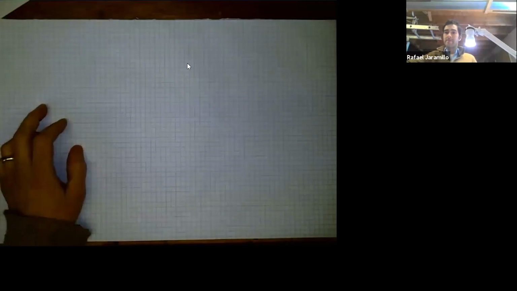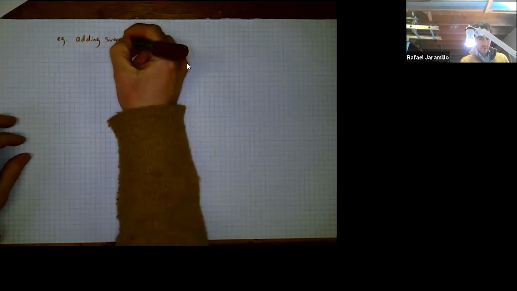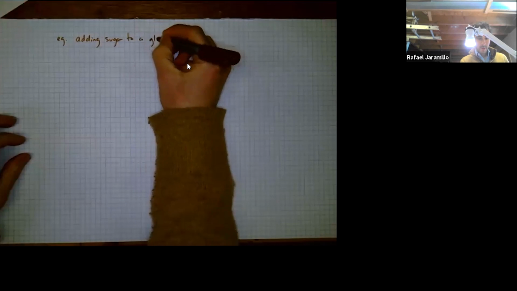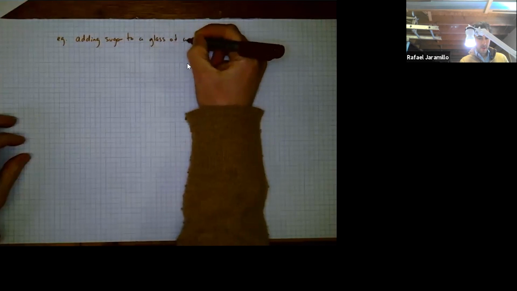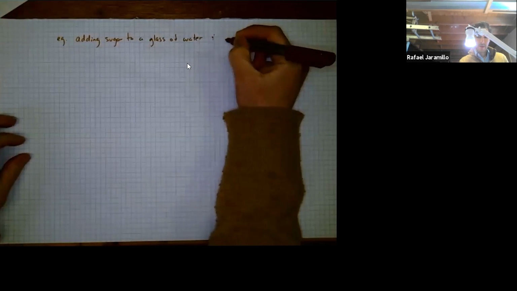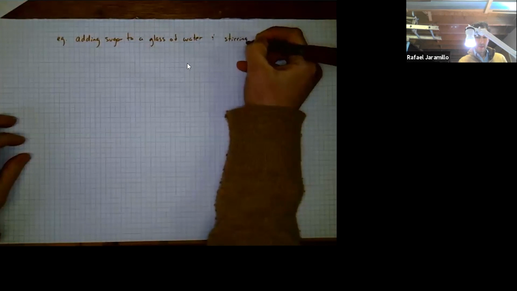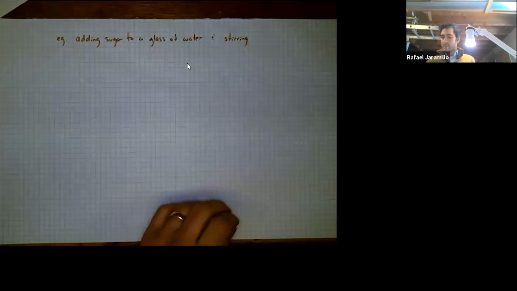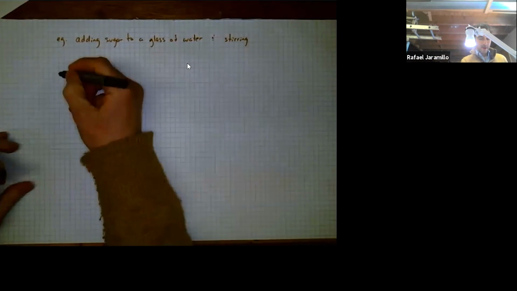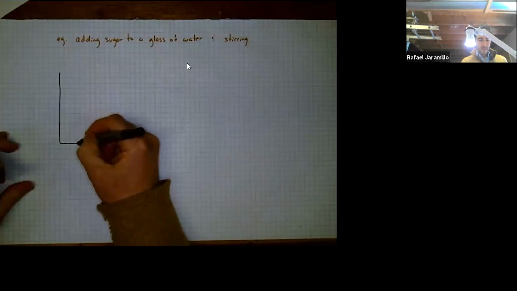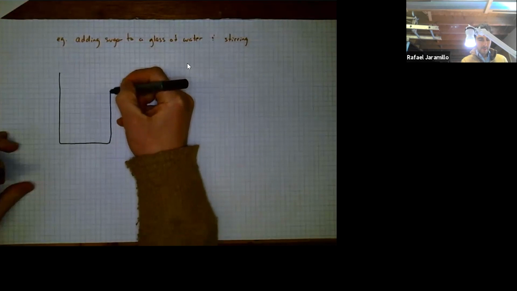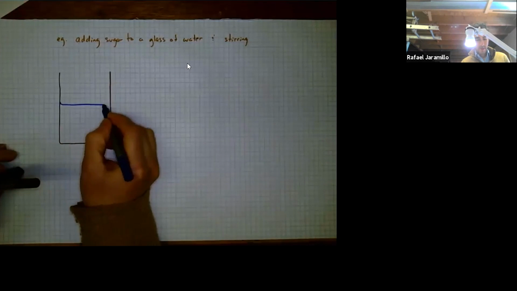Okay, so let's do an example. Example: adding sugar to a glass of water, and stirring. So let's see, let's draw a beaker. And there's water.